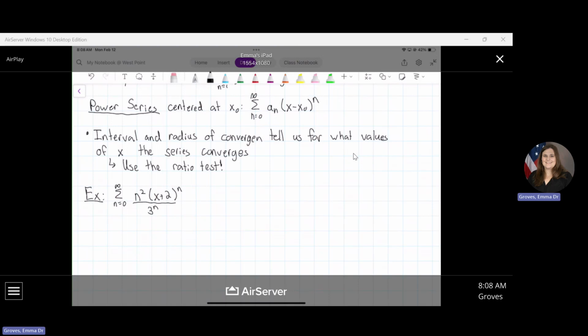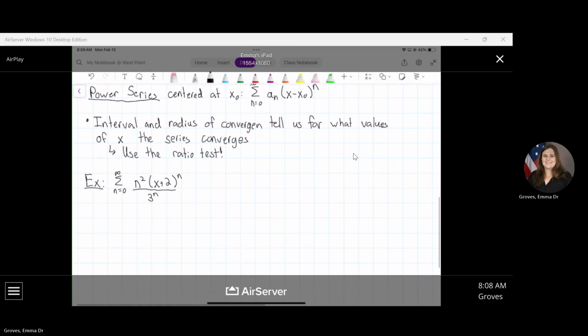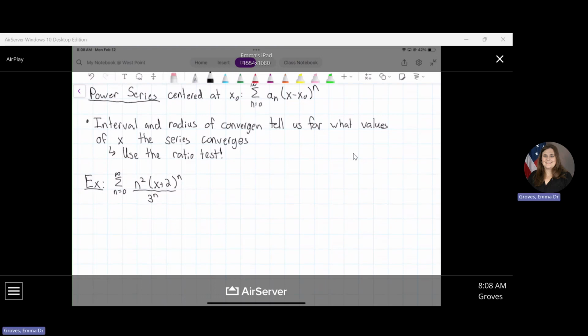Our goal here is to find both the radius and the interval of convergence. Our radius is how far from our center can we go on either side to determine convergence, where the interval is telling you the exact x values it converges at.